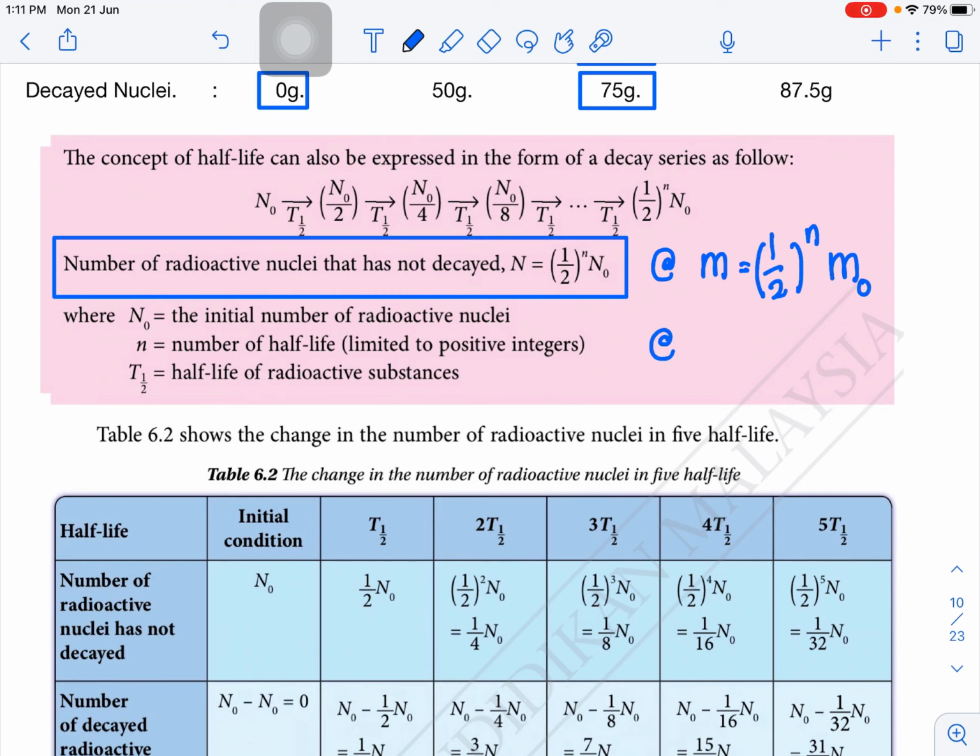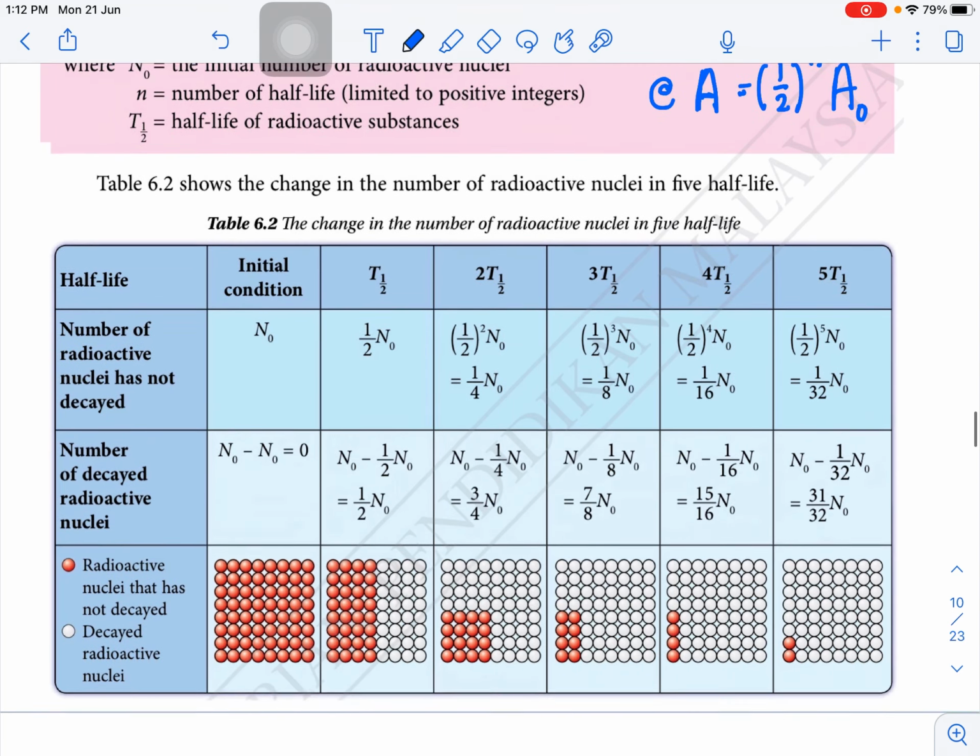Or we can change it to A, where A refers to the activity, the rate of emission: half to the power of n times the original activity. So for the concept of half-life, we can use the mass, the activity, or the number of atoms of the nuclei. The half-life is the time taken for the mass, the activity, or the number of atoms to become half of its original or initial value.